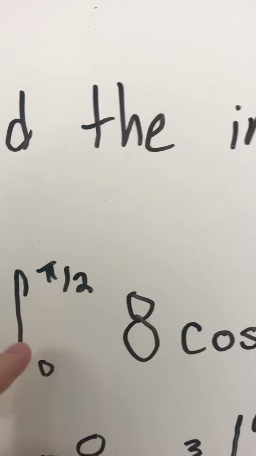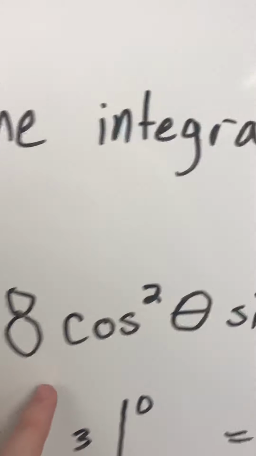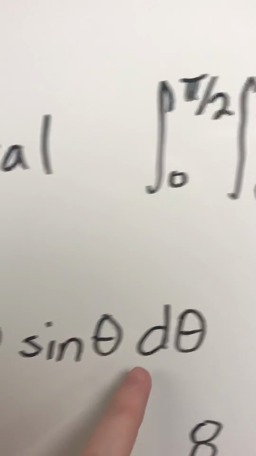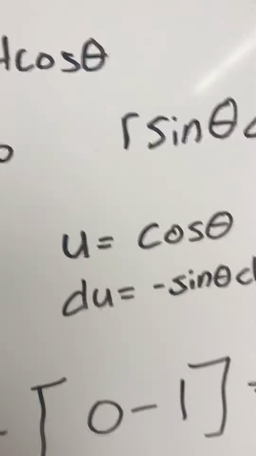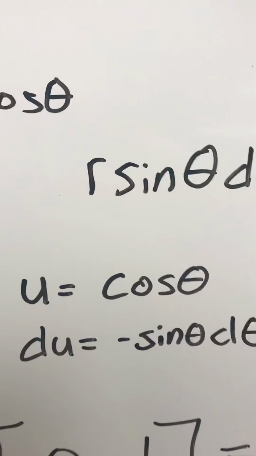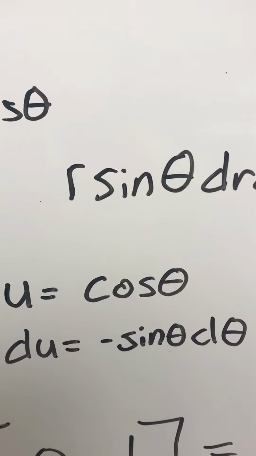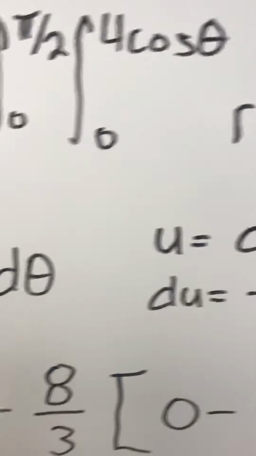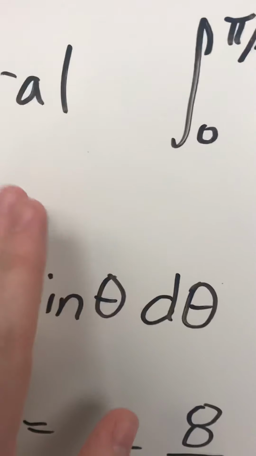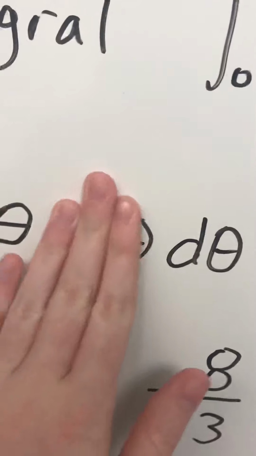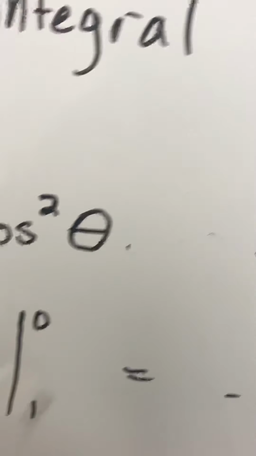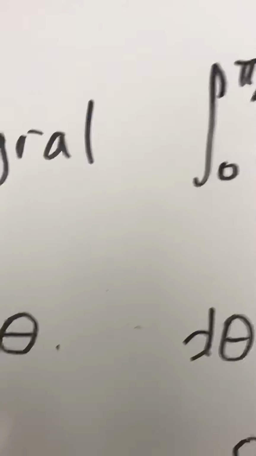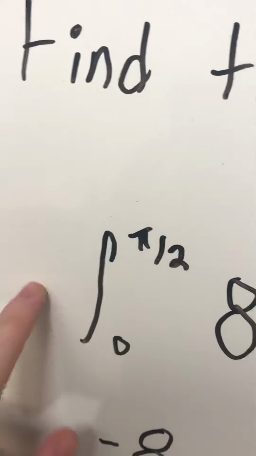So now we have the integral from 0 to pi over 2 of 8 cosine squared theta sine theta d theta. And here I use u substitution, with u being cosine theta and du being negative sine theta d theta, which means that this sine theta is basically going to get canceled out in a way, and that this over here will be negative, which I'll show in a minute.